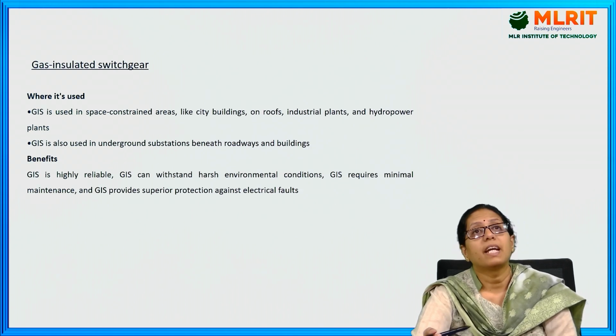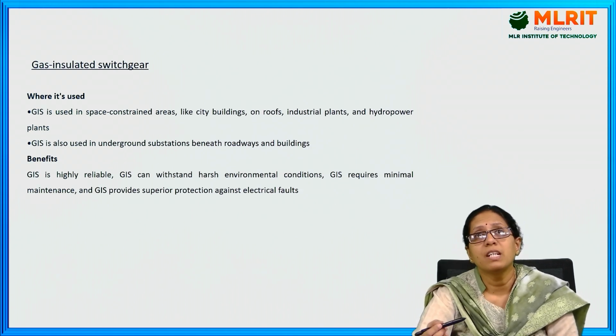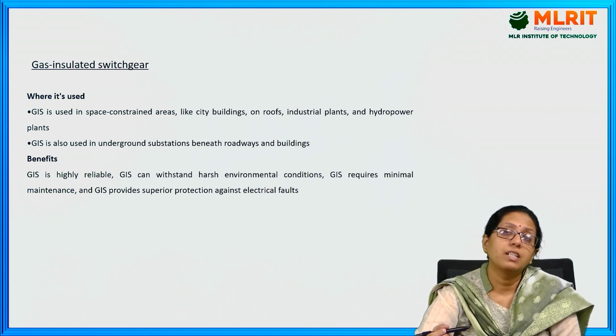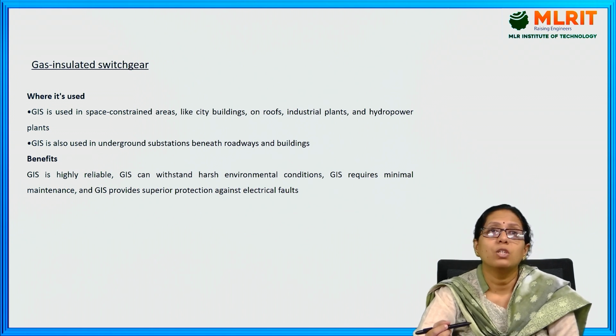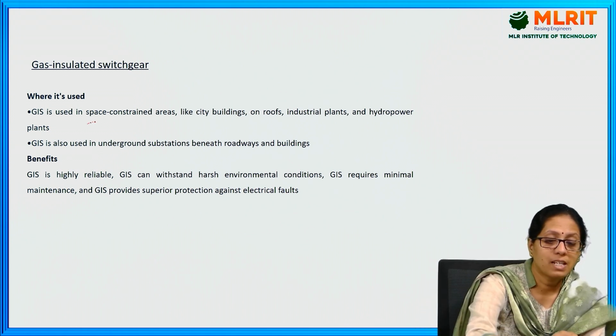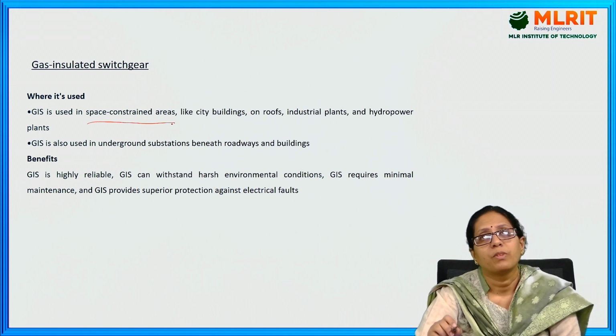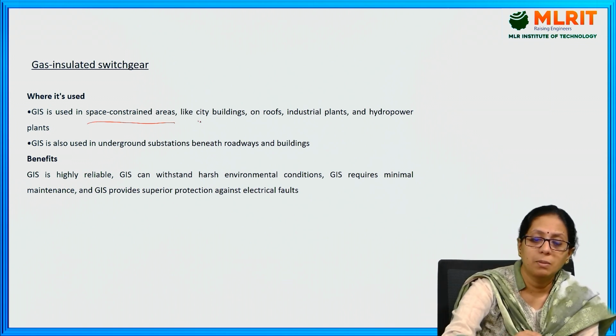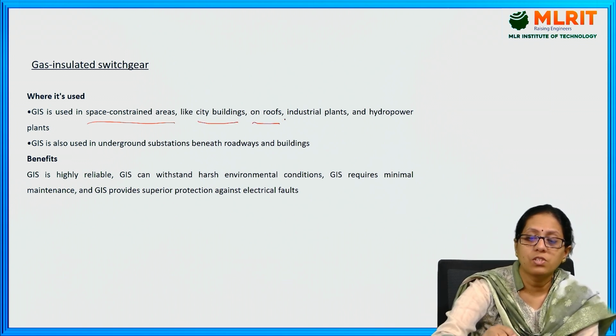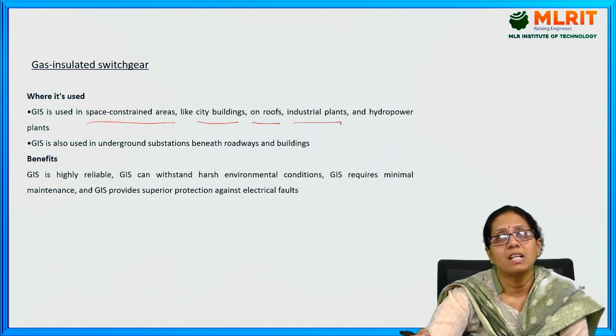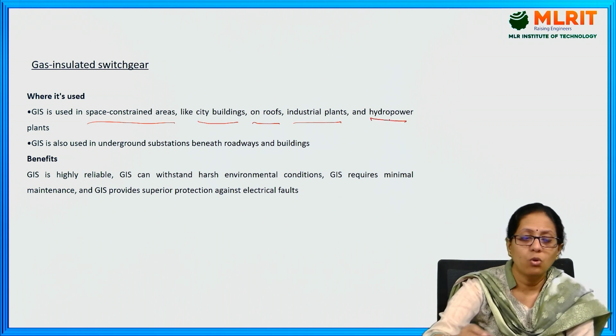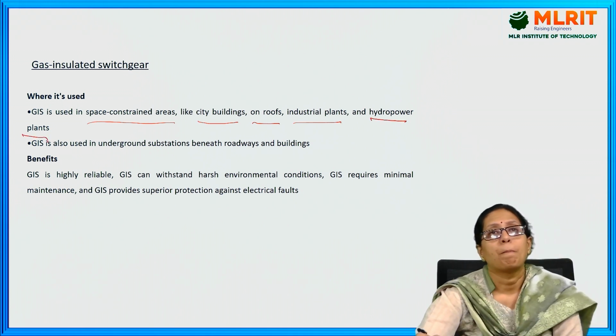The second type is gas insulated switchgear. It is used in space constrained areas, that is in city buildings, on roofs, in industrial plants or in hydropower plants.